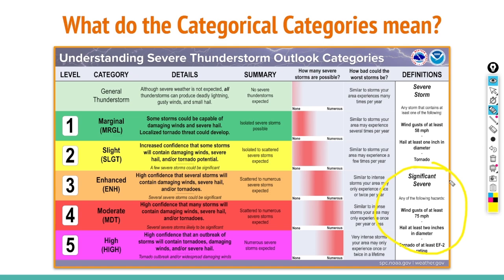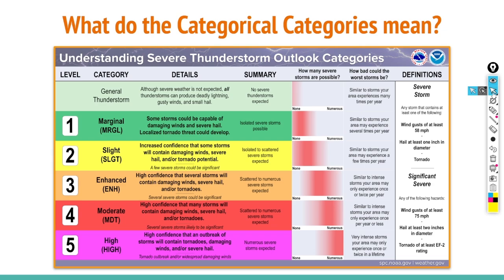It basically means 75-mile-per-hour wind gusts or possibly more, hail at least 2 inches in diameter, and tornadoes of at least EF2 rating. It doesn't have to be all three of these, it can just be one of them.